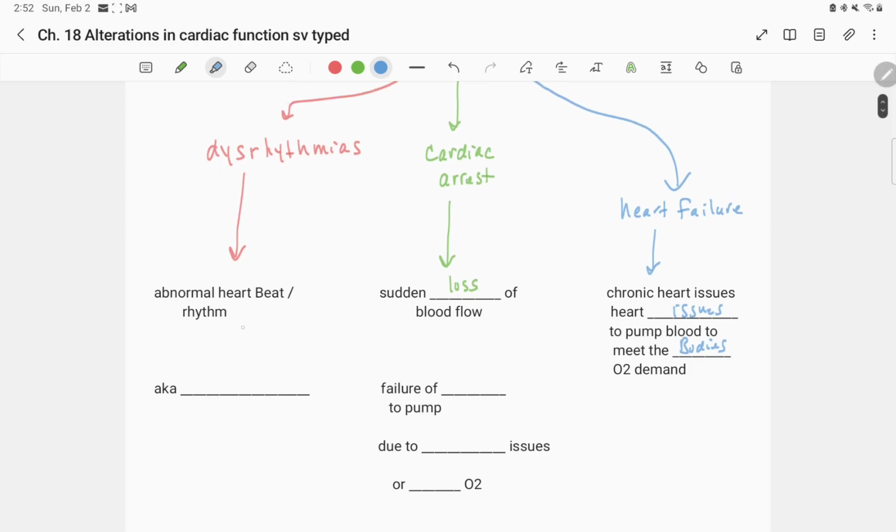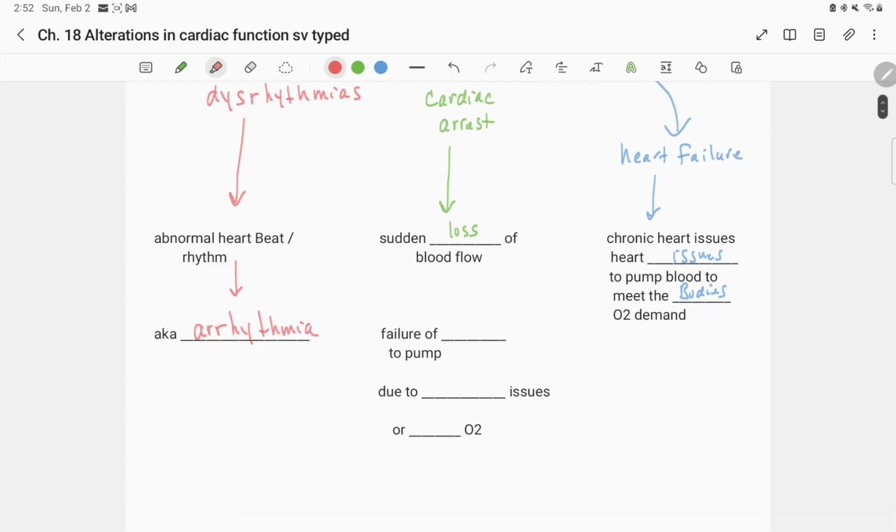Okay, dysrhythmias is also known as arrhythmia. And with cardiac arrest, the sudden loss of blood flow can also contribute to failure of the heart to pump, and this would be due to electrolyte issues or decreased oxygen.